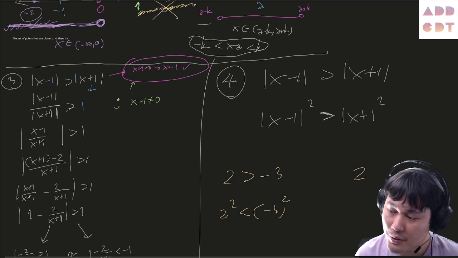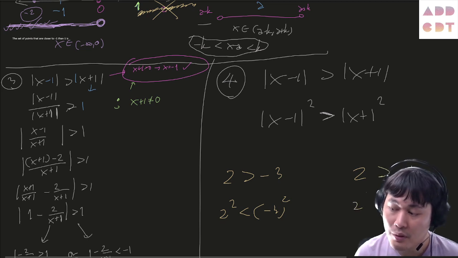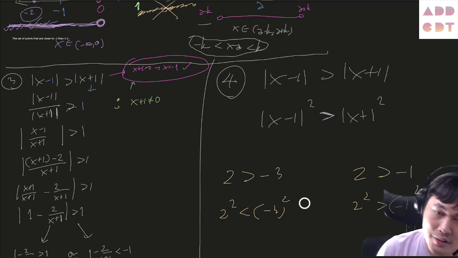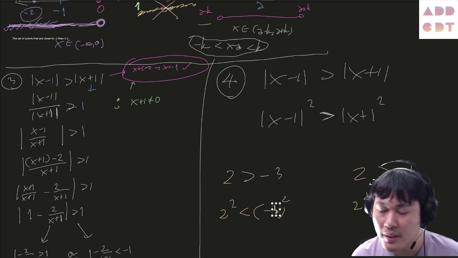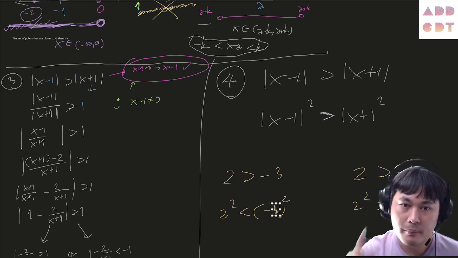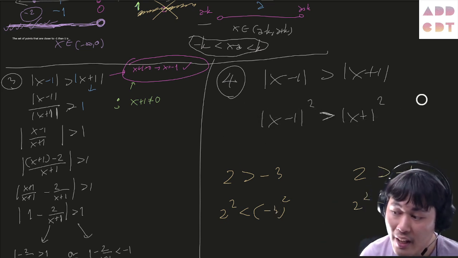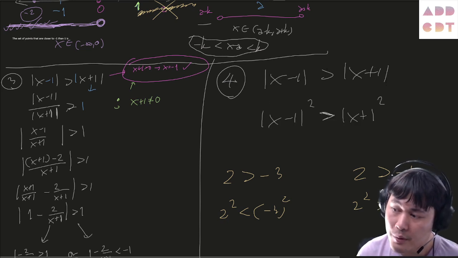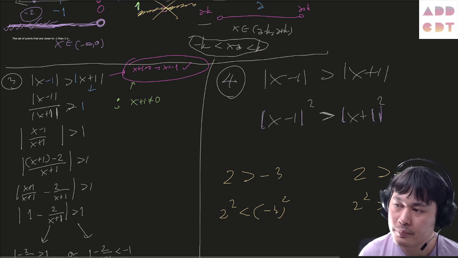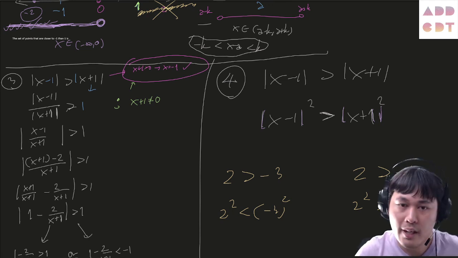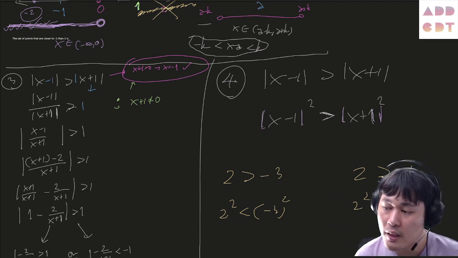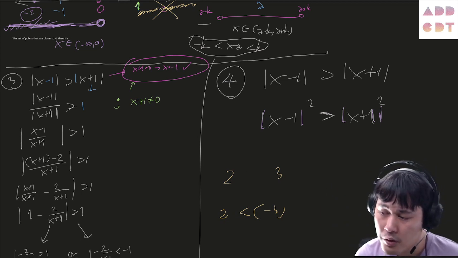Or sometimes you have 2 greater than -1, and when you square them, they may not flip. So that's the issue of squaring things if one happens to be positive and the other negative. But you can do it here because, since these are absolute values, we are guaranteed that they are both positive. And if they are both positive, then when you square them, the inequality stays in the same direction. So you can square them.